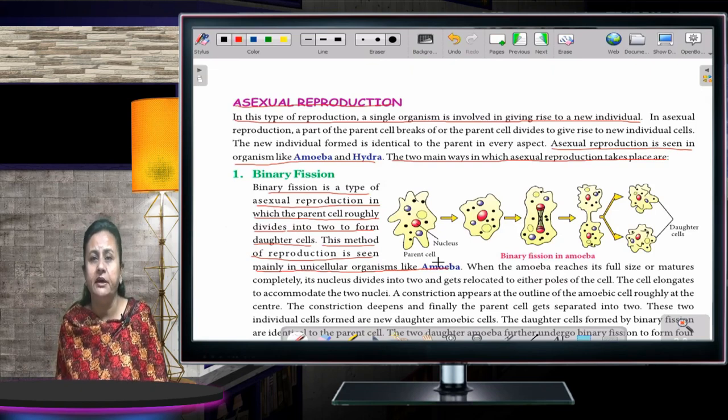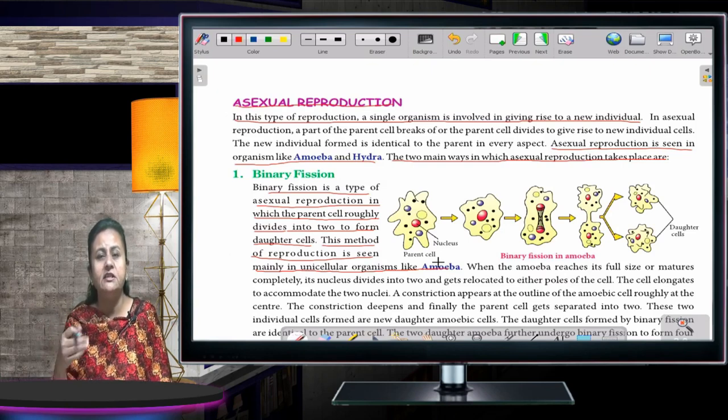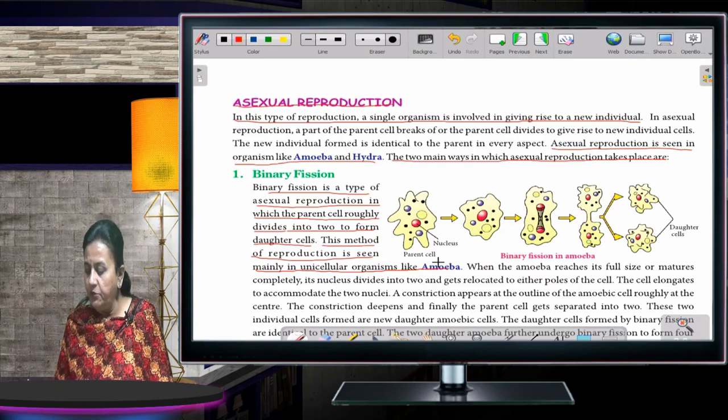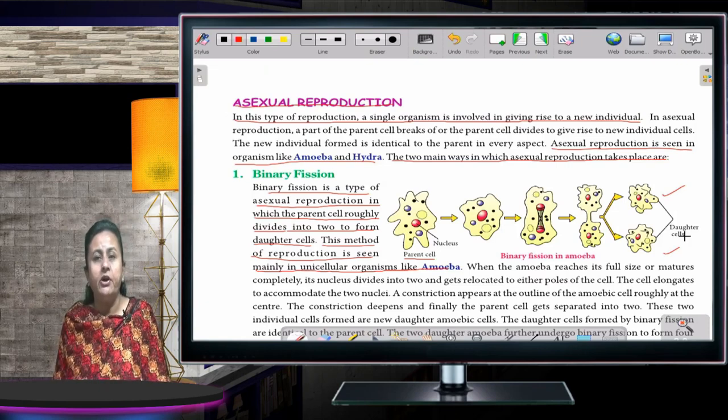What happens there? The nucleus divides itself into two parts. As you can see in the diagram, here the nucleus is there, the parent cell is there. Now it is dividing into two cells, the daughter cells. And this type of reproduction is found in unicellular organisms.